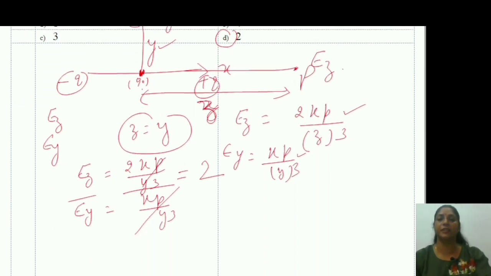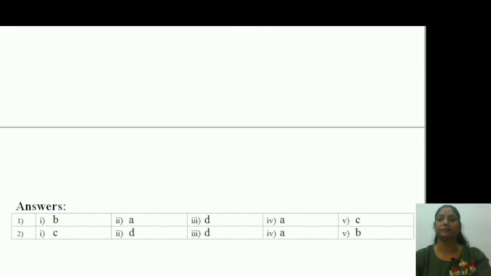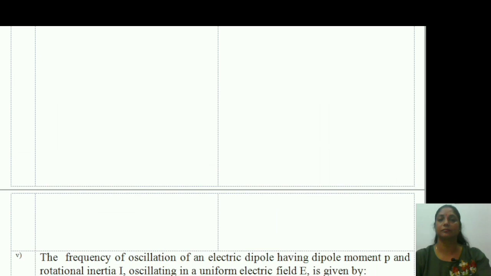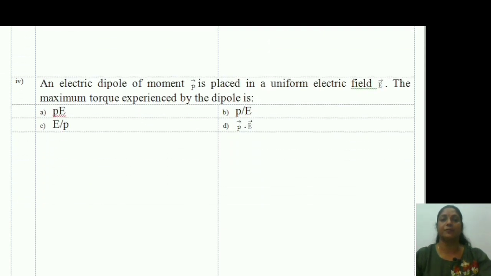Now, next one is question number 4. An electric dipole of dipole moment P is placed in a uniform electric field.